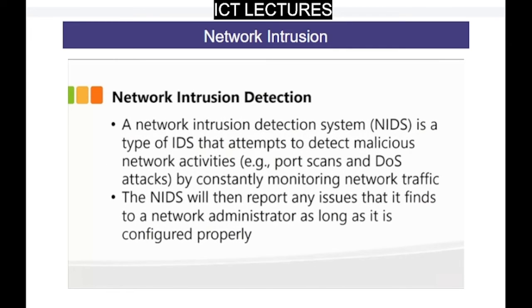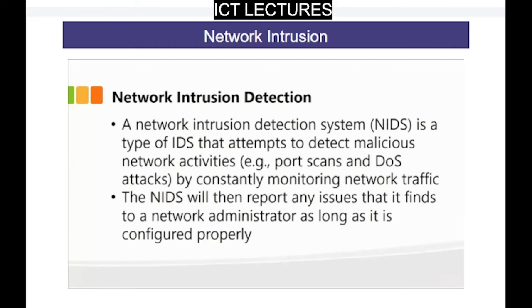Network intrusion detection, or NIDS, is a type of intrusion detection system that attempts to detect malicious network activities, such as port scans and DoS, the denial of service attacks, by constantly monitoring network traffic. Here you can deploy a system which is constantly on the lookout for any of these attacks.